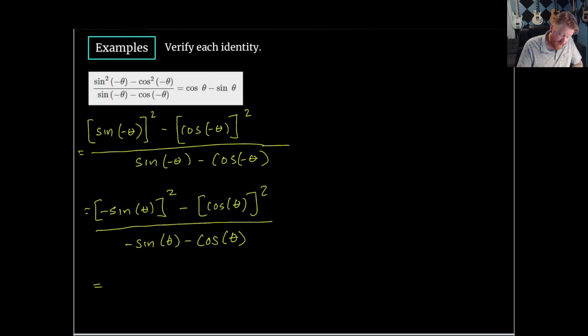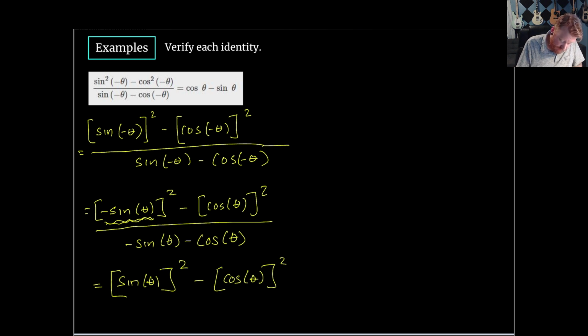Now, if I square the negative sine of theta, that is the same as the sine of theta squared. Either way, we're going to get a positive result. So I can rewrite that way, and this is still minus the cosine of theta being squared. And in the denominator, I can factor out a negative.